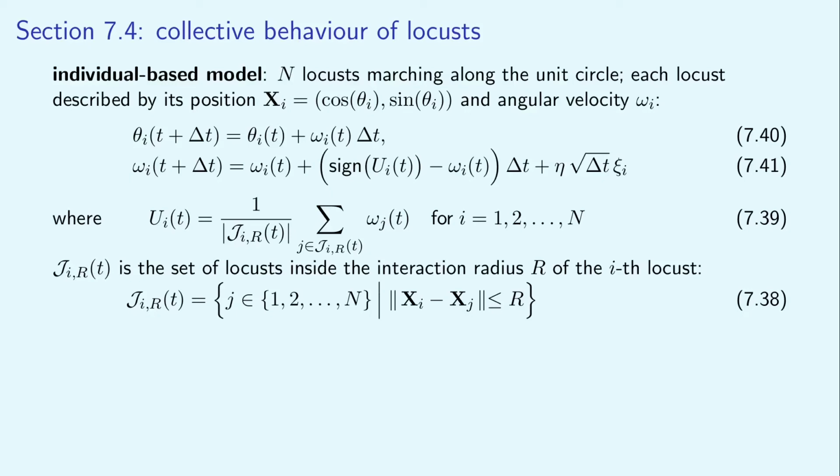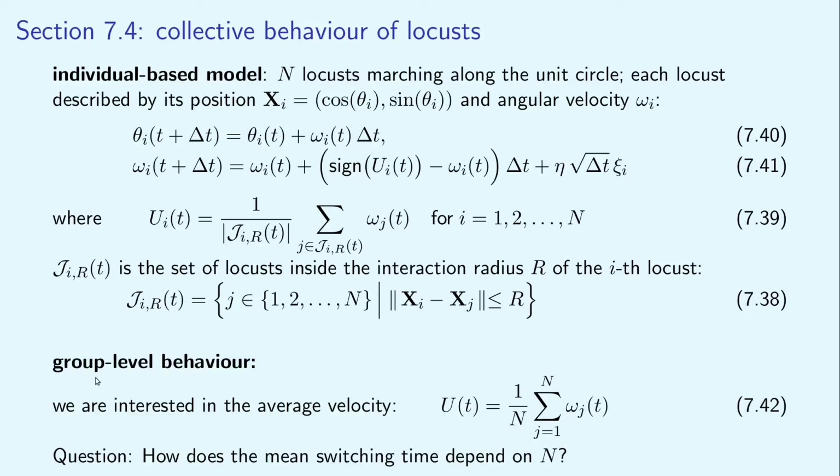And if it's negative, then the majority of its neighbors will go in the clockwise direction. So we calculate the sign of this local velocity, which is either +1 or -1. And this is the direction which the ith locust aims to follow according to this stochastic differential equation. Considering the group level behavior, we are interested in the average velocity of the whole group, defined by this formula. Our main question is, how does the mean switching time depend on the number of locusts in the group?